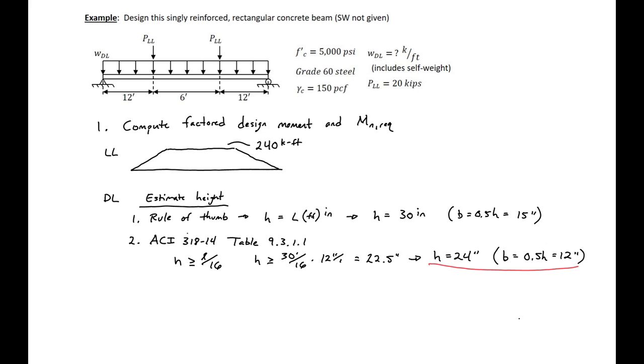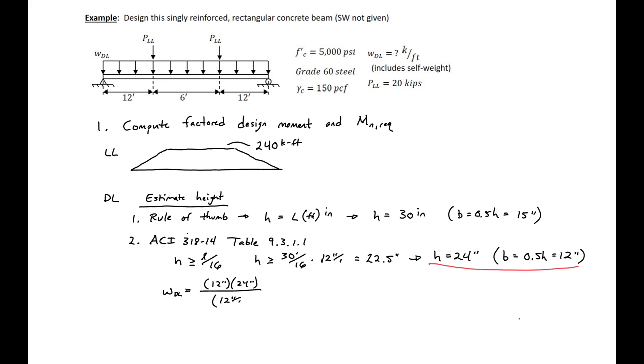So we need to estimate now our dead load, distributed load. So for us, we have a 12-inch by 24-inch section. We're going to turn this into feet.